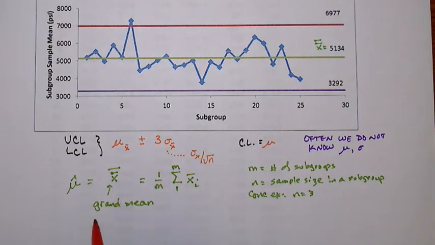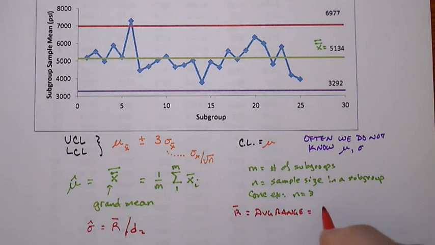One way to do that for spread is to estimate our standard deviation by the sample range. That's just the min and max, and we're going to take the average of those ranges for each of our subgroups and divide by a constant D2. So our R bar is our average range from the subgroups.